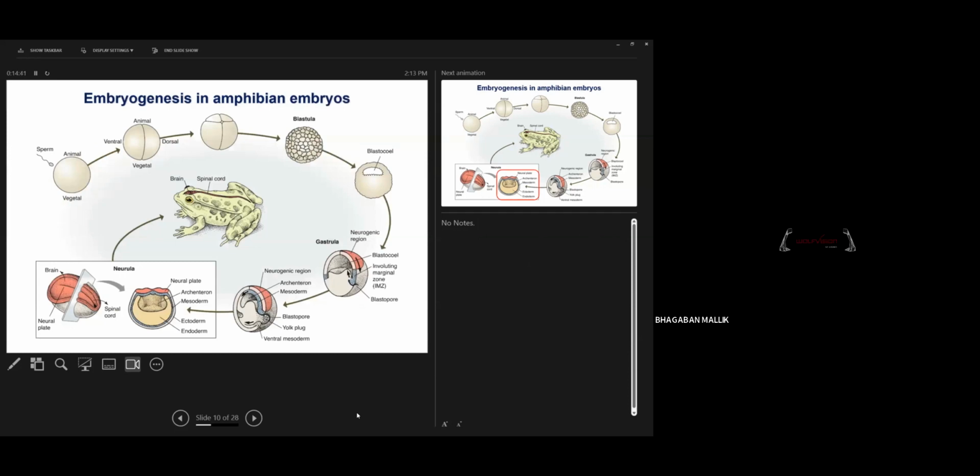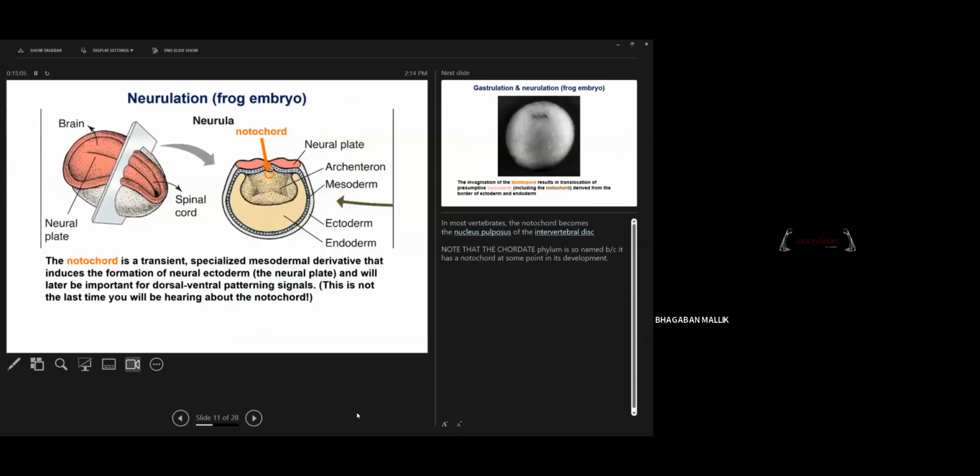Same thing, a kind of repetition here. The initiation of three different layers: endoderm, ectoderm, and mesoderm. From the ectoderm you have formation of the neural plate, and from there generation of the spinal cord and brain. This stage is called the neural stage.